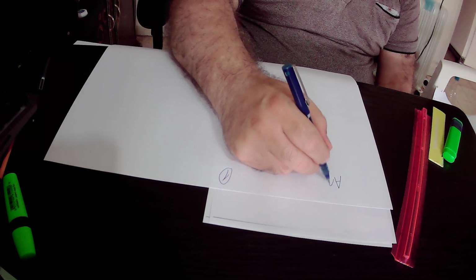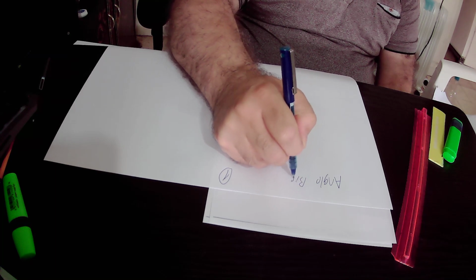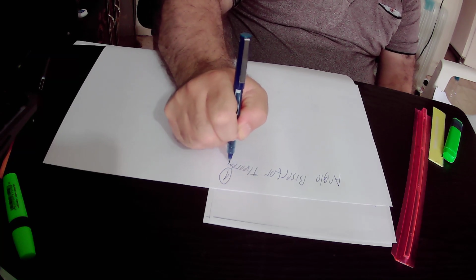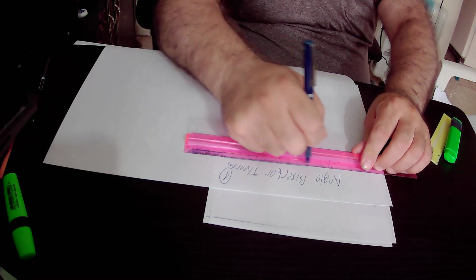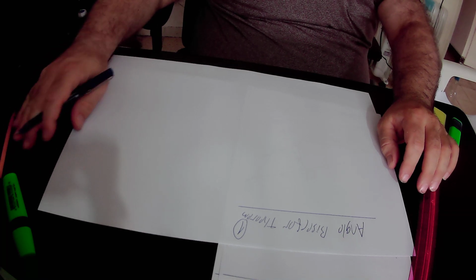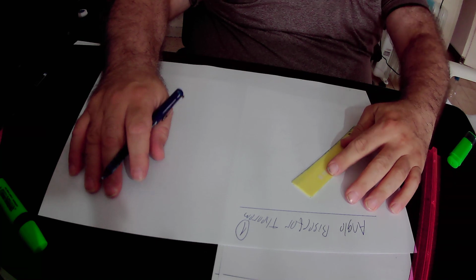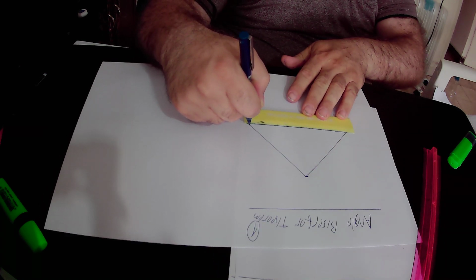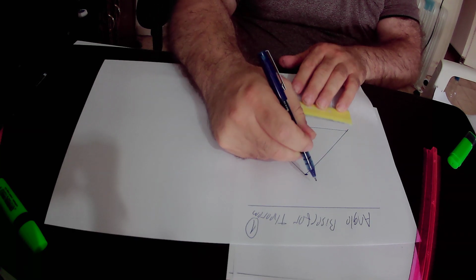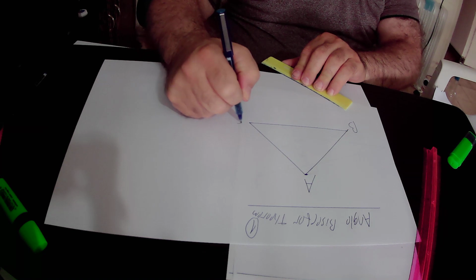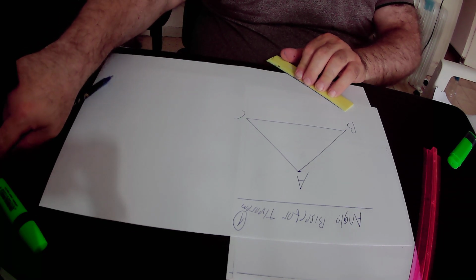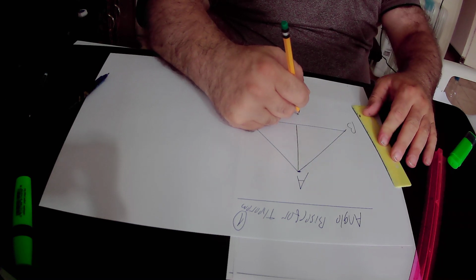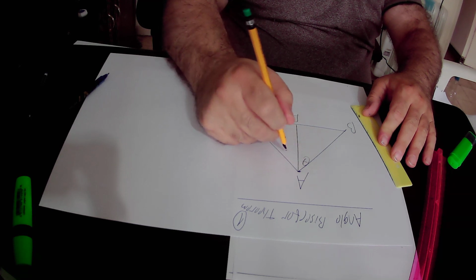The angle bisector theorem is true in any triangle. So if we have triangle ABC, that could be any triangle, and AD is the angle bisector of triangle ABC.